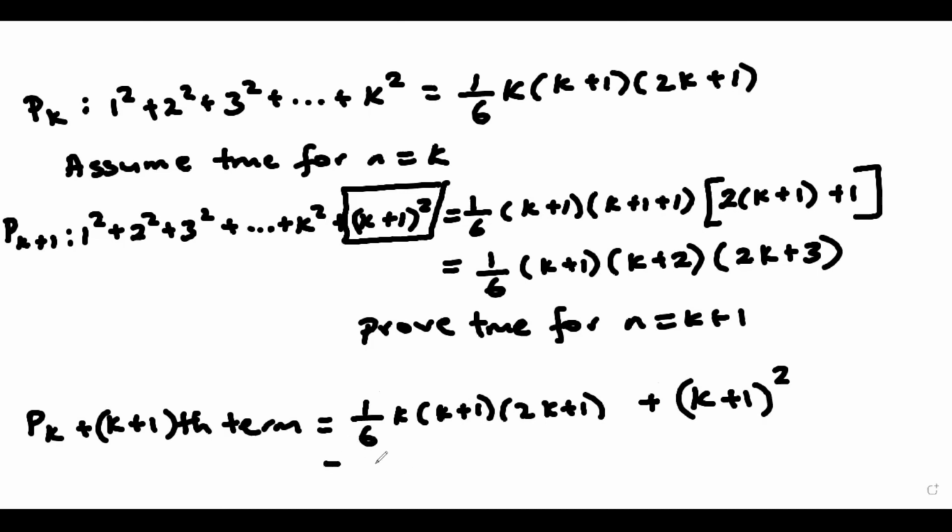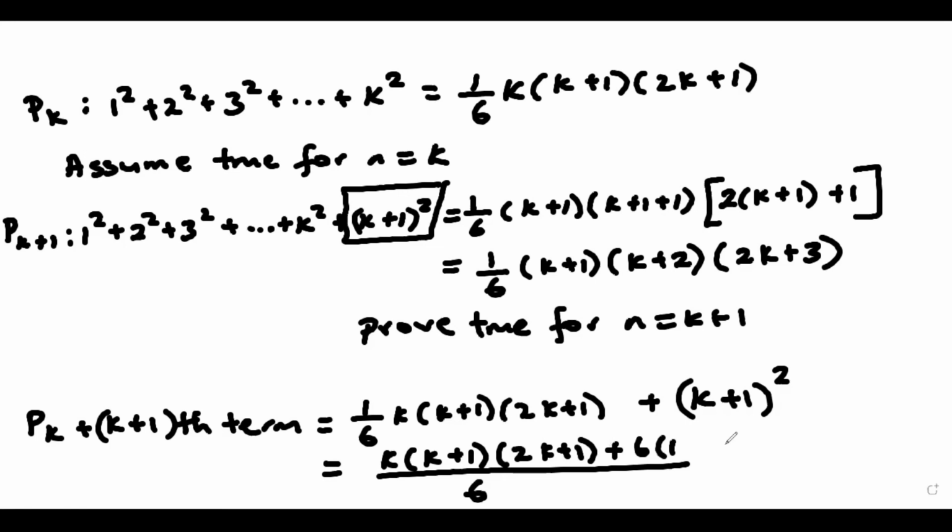So if we found the LCM, we're going to get k plus 1, 2k plus 1, plus 6 times k plus 1 squared. So now we can simplify that.